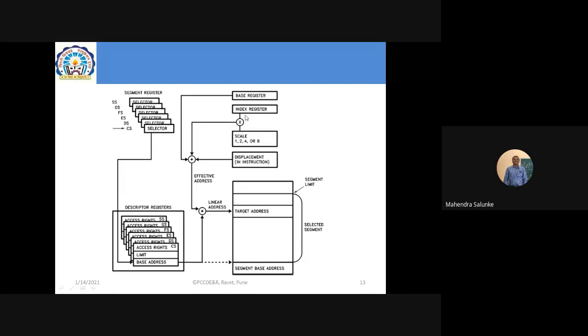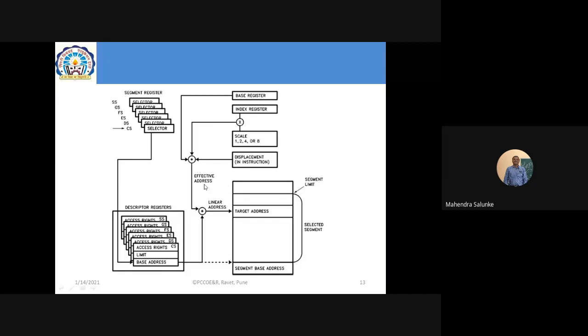This effective address is calculated based on these components. Whatever the formula I told you, it is base register, and here the adder block is there, plus index register into the scaling factor as the second input, and the displacement, which is there in the instruction. So these 3 parts will be added to generate this effective address. The availability of every individual component will decide the addressing mode.